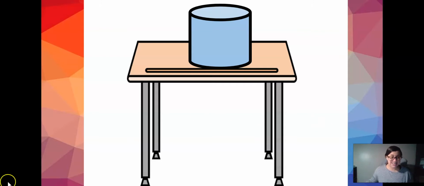You can see it. There are many objects around your room that you can find that are solid shapes. So if I take this cylinder and I put it up, you can see it standing up. If it was just a circle, I would be able to run my hand across it.